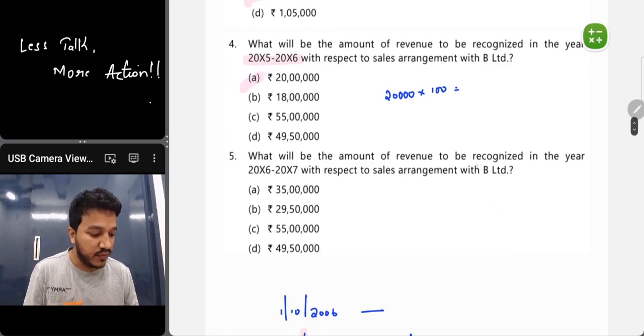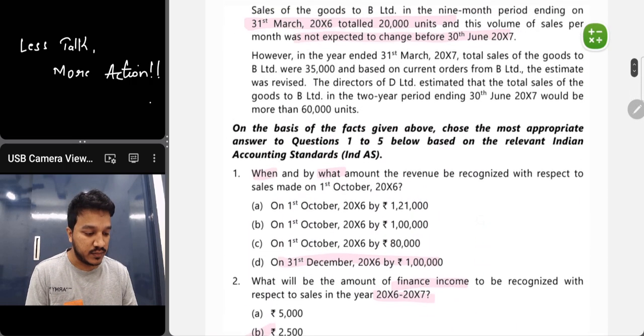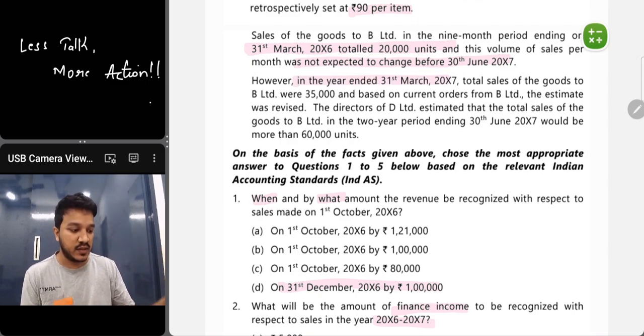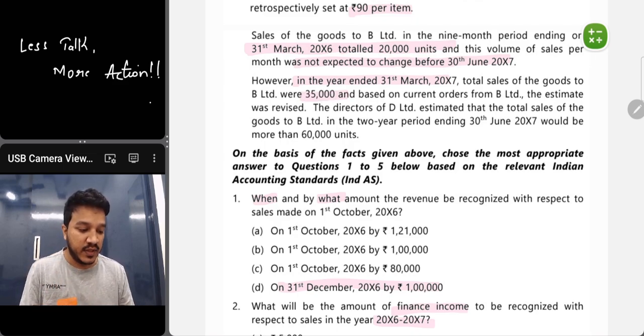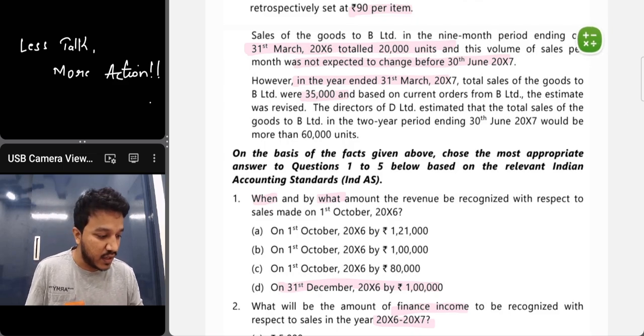Perfect. What is the amount of revenue to be recognized in the year 2006-07? Now we will see the question. In the year ended 31st March 2007, that is in the next year, total sales amounted to 35,000.